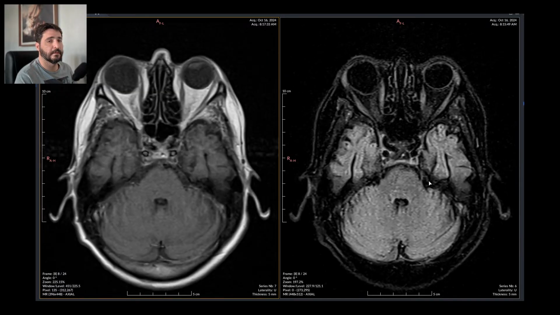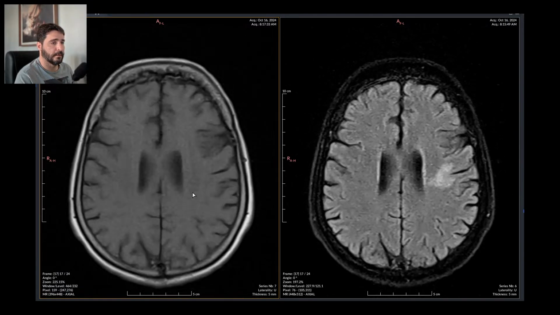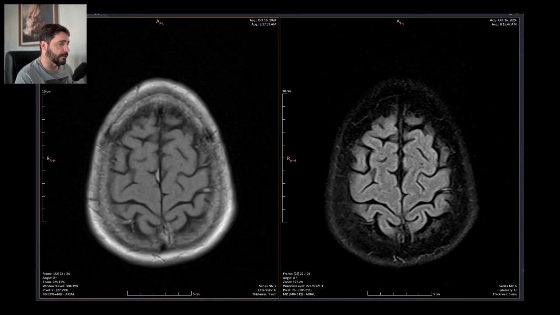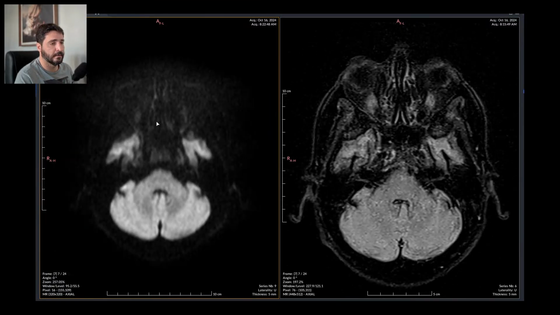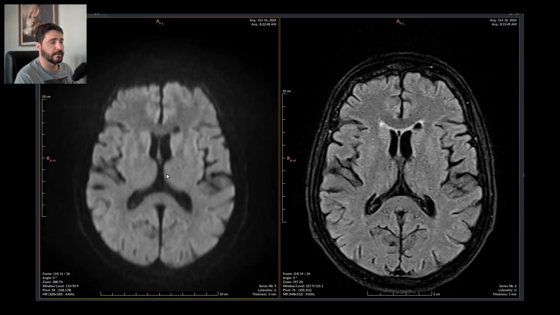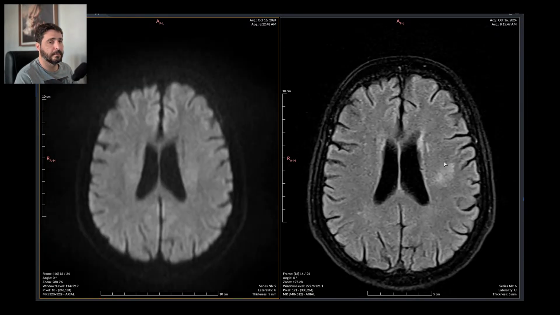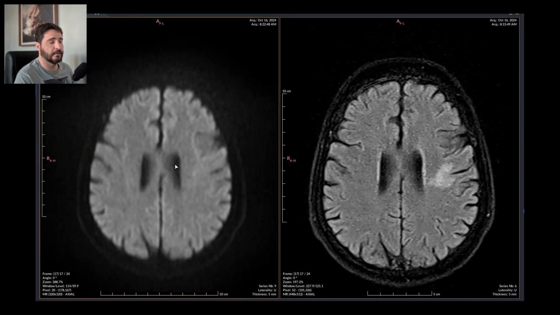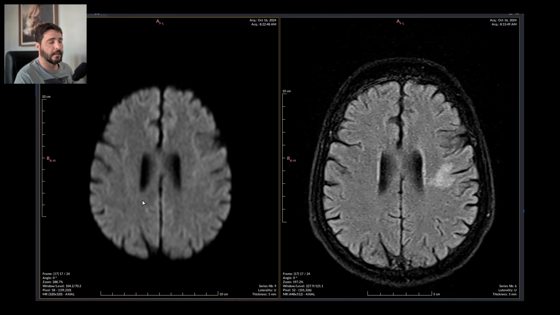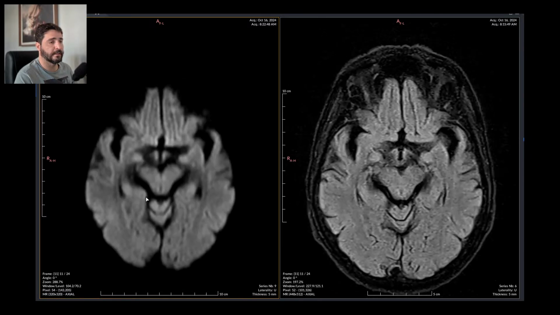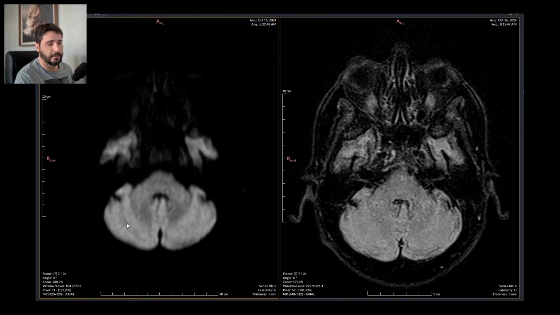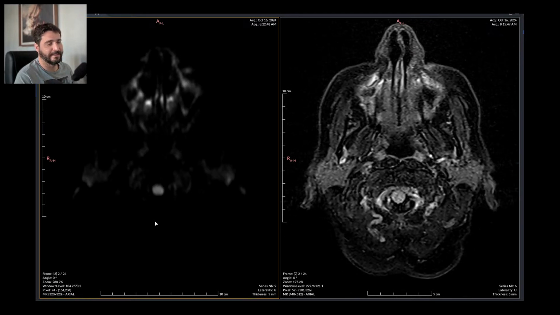So this is probably an Alzheimer's disease case. A classic Alzheimer's disease case. So that site of gliosis has no signs of restricted diffusion. Hey Tim, what's up?